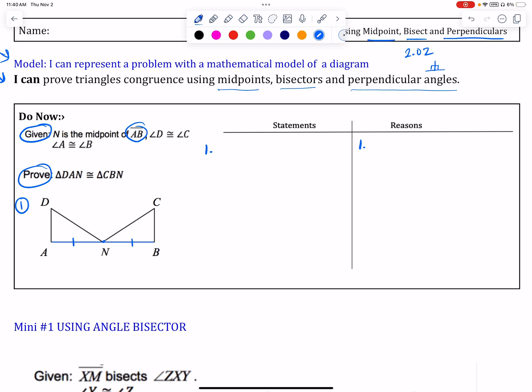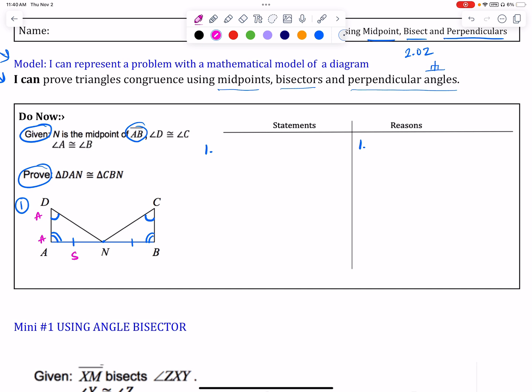Next, angle D is congruent to angle C. Put one arc, and angle A is congruent to angle B. Now watch out, do not put right angles, even though it looks right, we cannot assume that. So from our diagram, we have angle, angle, side.